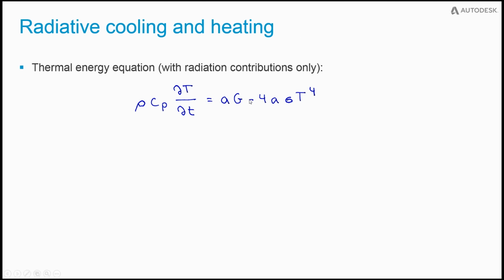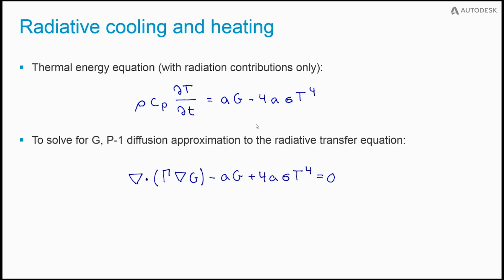Now, of course, we have AG here. Once we have established what G is, we can just solve this ordinary differential equation, quite similar to how we would solve it for just the radiative cooling contribution. But we need to solve for G. And to solve for G, we ideally have to solve the radiative transfer equation. And this is very similar to the rendering equation in graphics, which is very complex and difficult to solve.